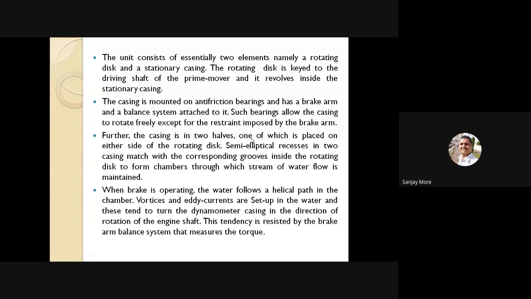The rotating disc is keyed to the driving shaft of the prime mover, and it revolves inside the stationary casing. Full stop and next line.